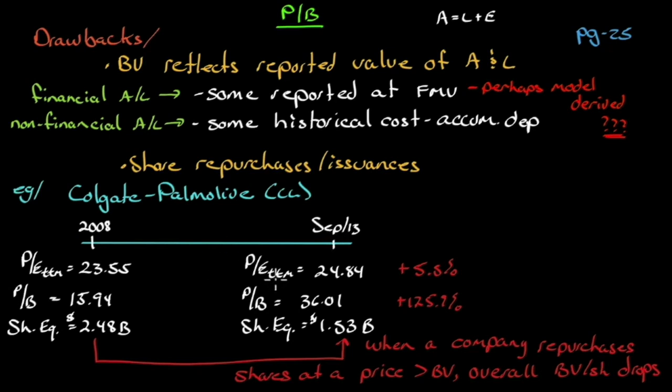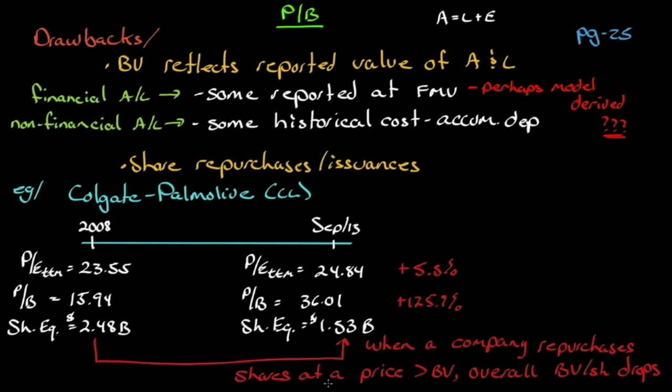Trailing PE at that time was 24.84. Well, look at that. That's comparable. 23.55 to 24.84. It's increased 5.5% over that period of time. Price to book 15.94 versus 36.01. That's a change of 125.9% from 15.94 to 36.01. But look what happened to shareholder equity. 2.48 billion dropped to 1.53 billion.